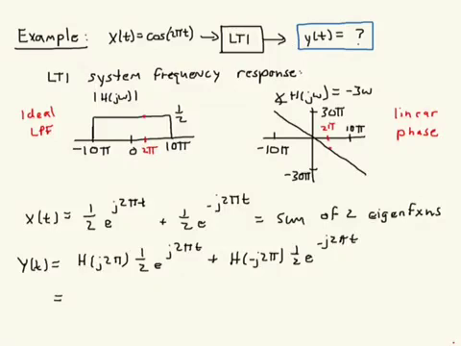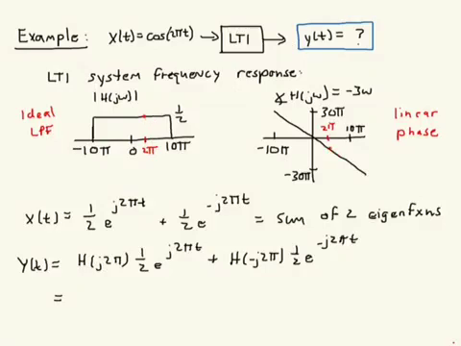So we could calculate that the output would be, well, H of j 2 pi is going to be equal to 1/2 e to the minus j 3 times 2 pi, because that's what the phase is there. Remember, H of j 2 pi is a complex number. It has a magnitude here and a phase here.